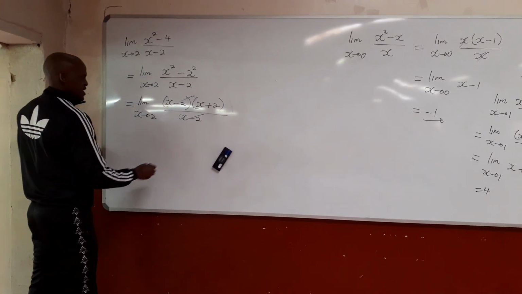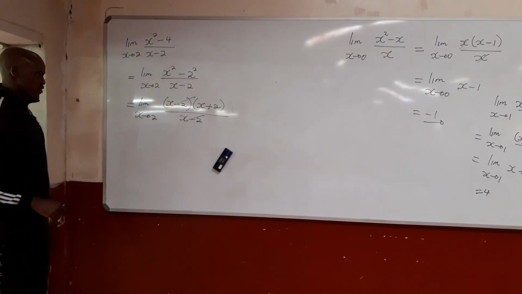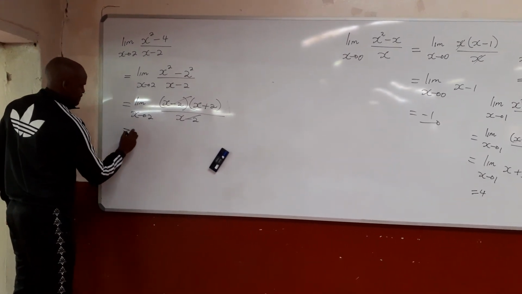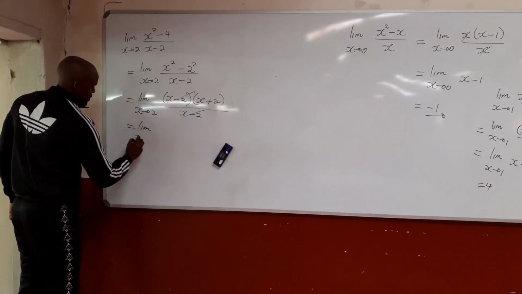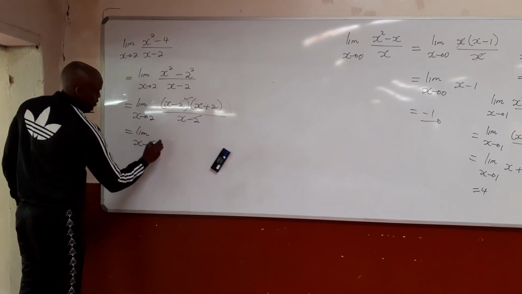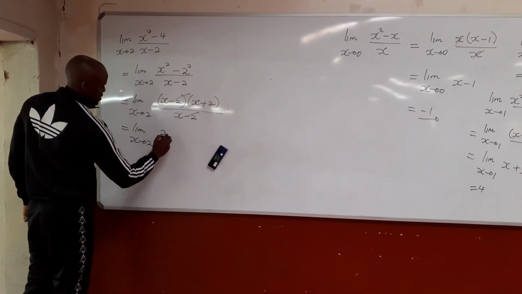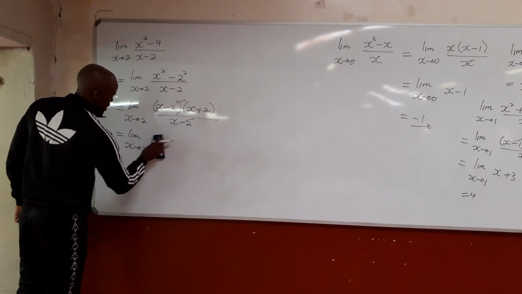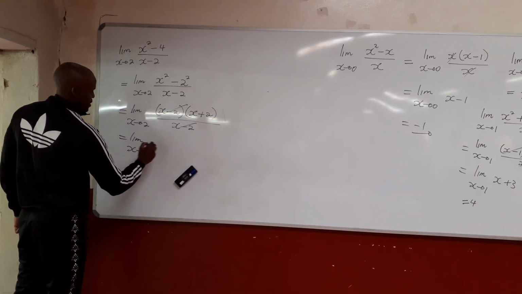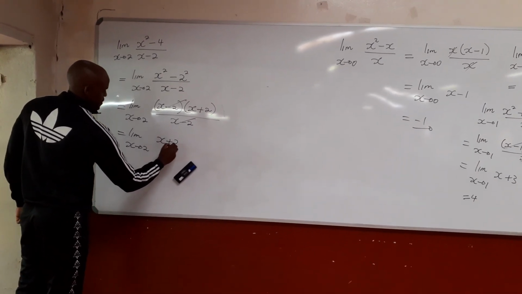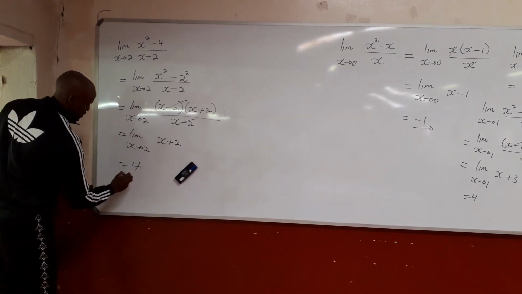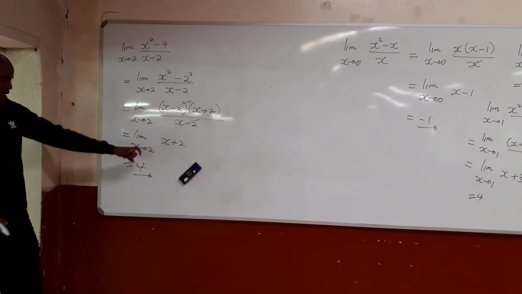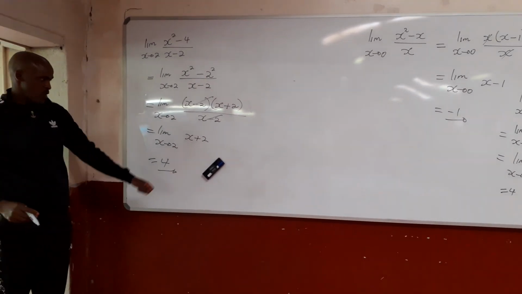This will divide that, and now we are left with x plus 2. So it will be 2 plus 2. Our answer will be 4. If x approaches 2, our answer will be 4.